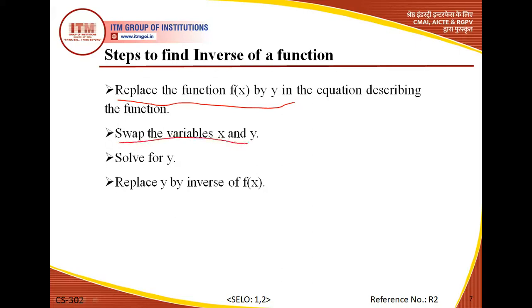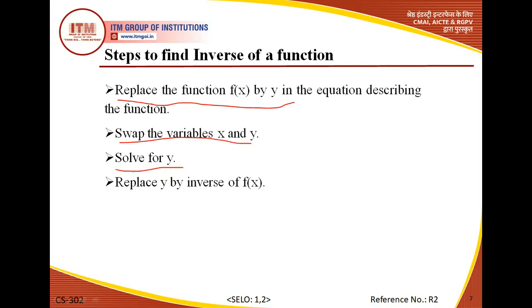Then let's see the second step: swap the variables x and y. So it would become x is equal to y square. We are swapping the variables, so basically x is becoming y and y is becoming x. Then we would solve for y, so y is equal to plus minus under root x.